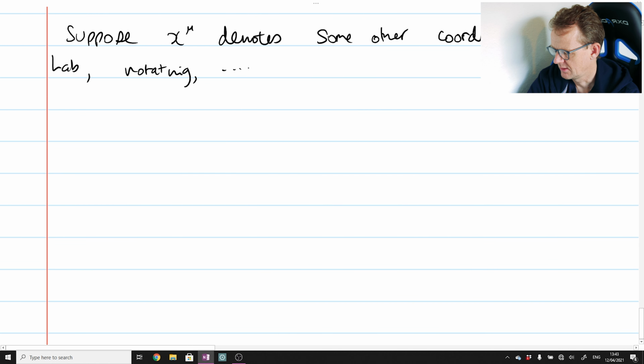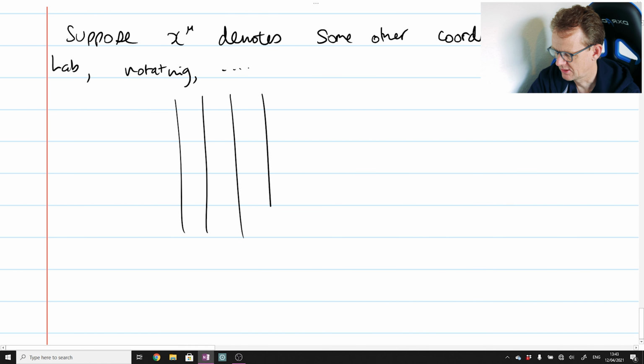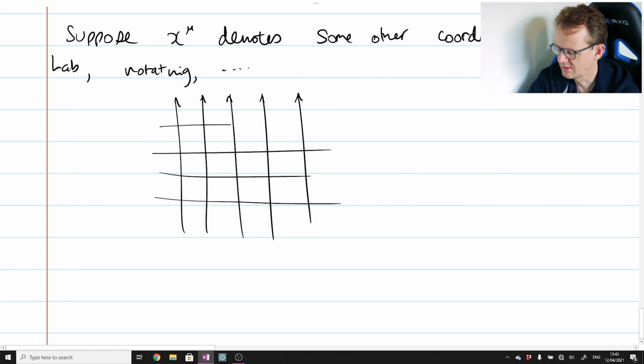I'm going to draw a schematic now of these coordinates. These black grid lines are meant to represent our new coordinate system. X1 goes along this axis here. X0, which is the temporal coordinate, goes up there. And there's an X2 and an X3.